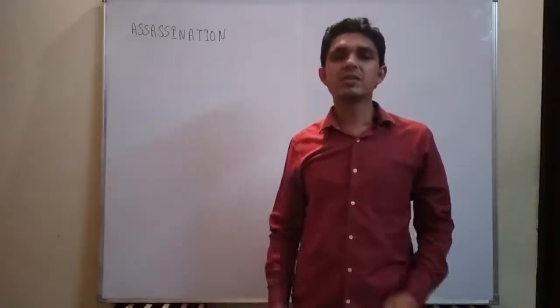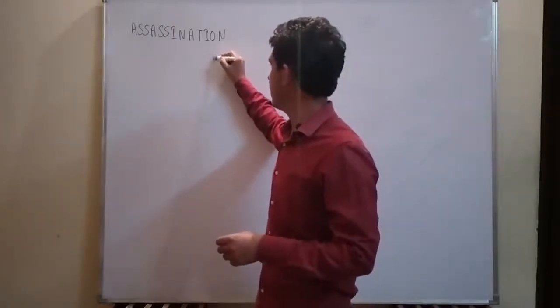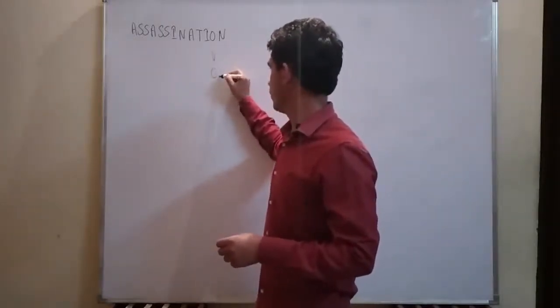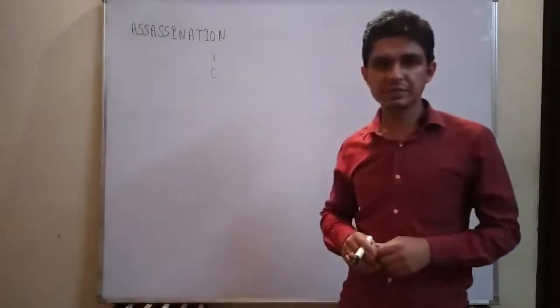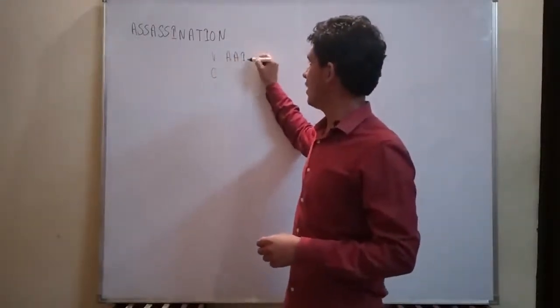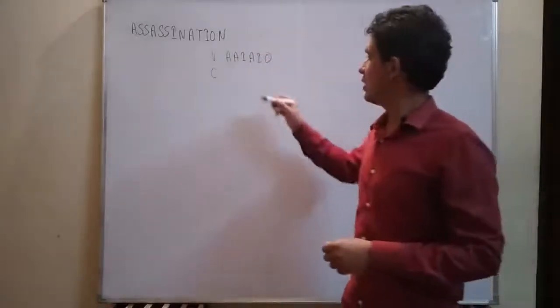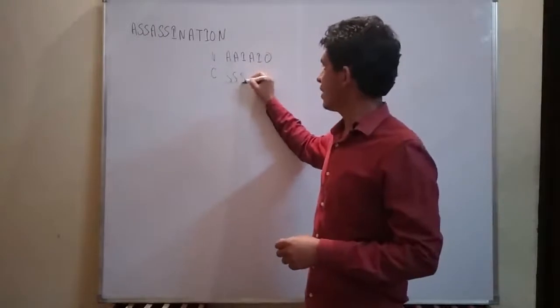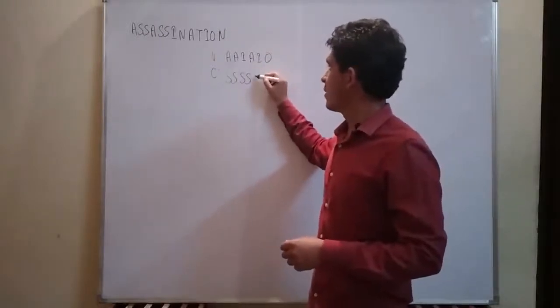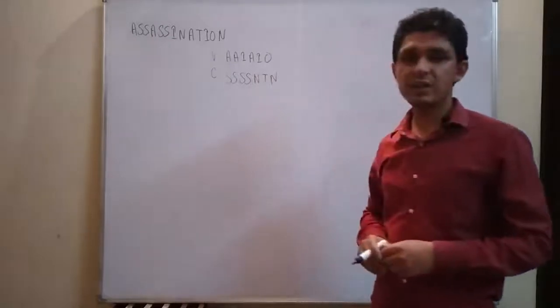For this, we have to first segregate the vowels and consonants. The vowels are A, I, O, and the consonants are S, N, T, N.